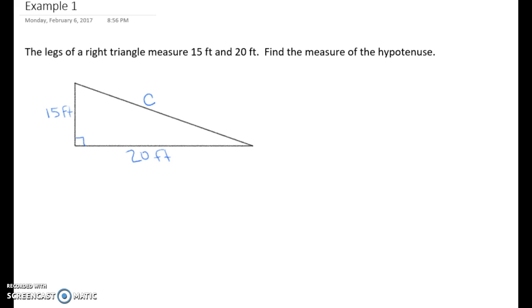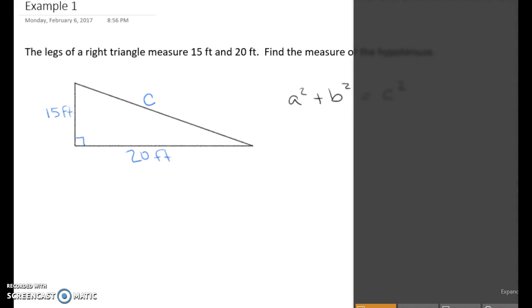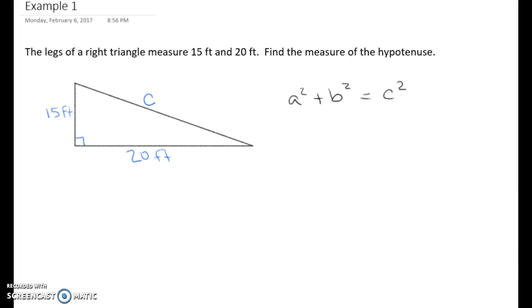So the Pythagorean theorem says a squared plus b squared equals c squared. I'm going to be solving for C, and so I'm going to actually reverse that formula and put the c squared on the left-hand side, so c squared equals a squared plus b squared.